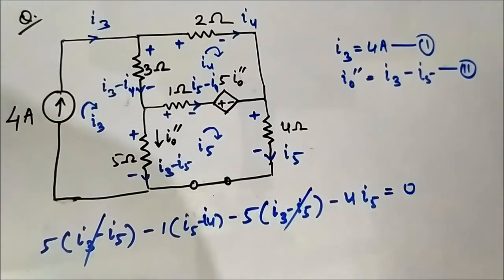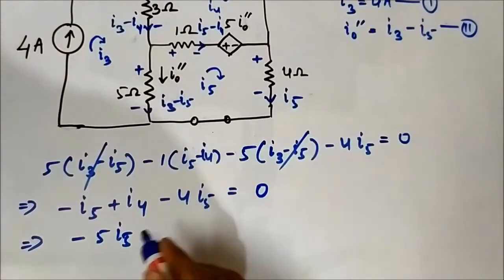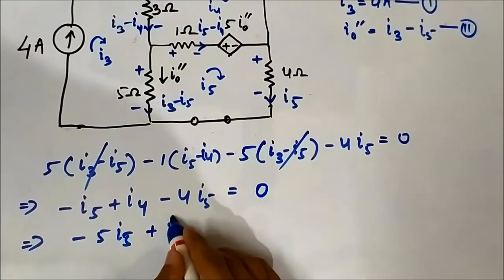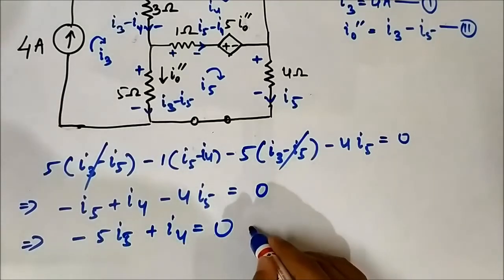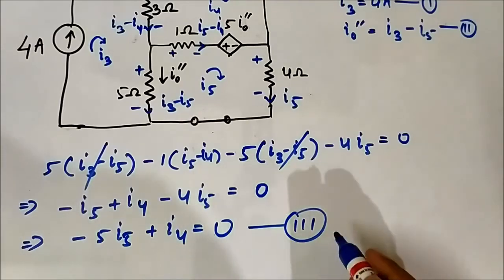Okay, so it will be minus I5 plus I4 minus 4 I5 is equal to 0, that is minus 5 I5 plus I4 is equal to 0. This is the third equation.